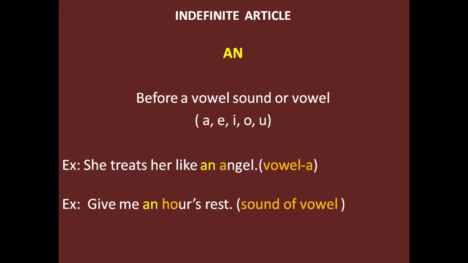But though hour begins with an H, it's a consonant, the H is silent. So give me an hour's rest. Though you have a consonant here, the sound is that of a vowel. It begins with the sound of a vowel. So you use an here.